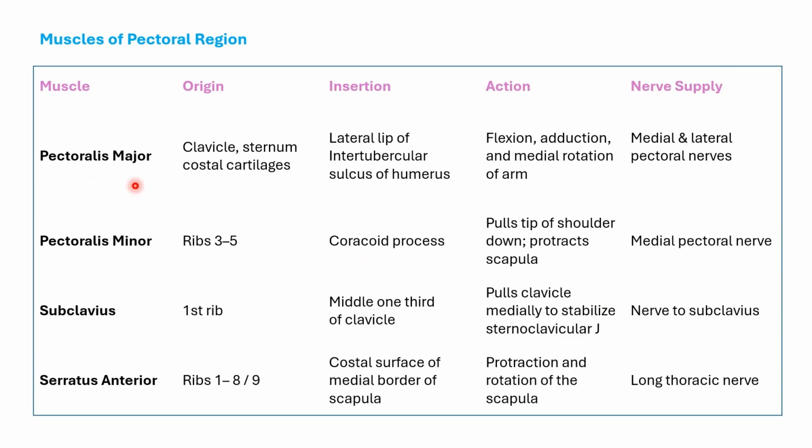Okay, and pectoralis major inserts to the lateral lip of the intertubercular sulcus, and pectoralis minor inserts to the coracoid process. Subclavius inserts to the middle third of the clavicle, actually the subclavian groove. Serratus anterior inserts to the costal surface of the medial border of the scapula.